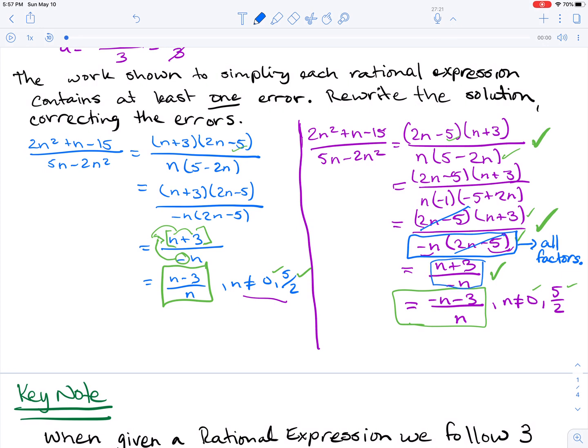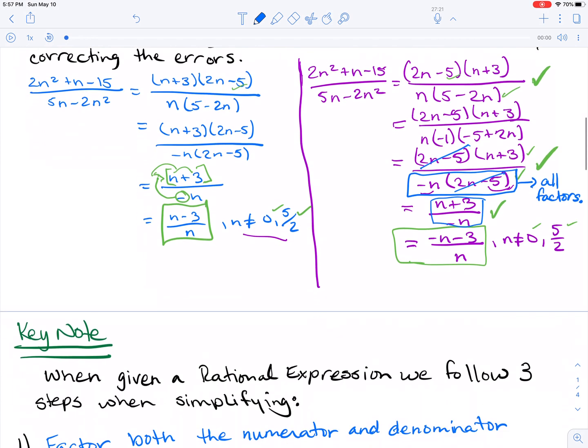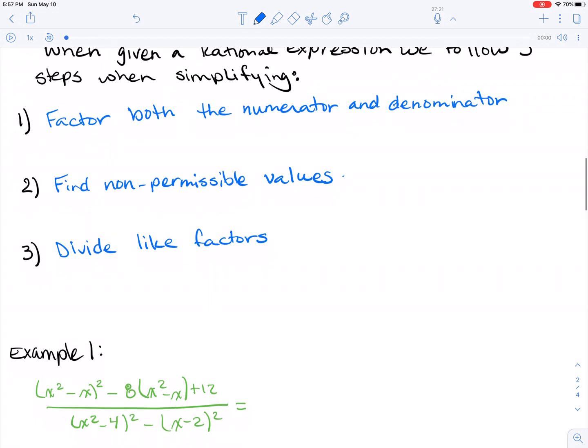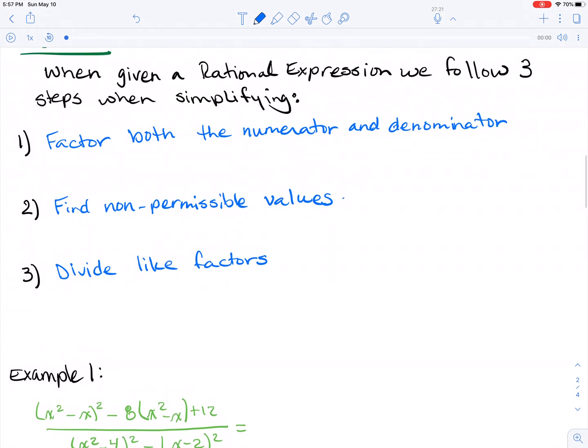When it was simplified, it wasn't showing me all of the factors in the denominator because we had canceled out, or divided out, like factors. So you have to do it before you divide factors from the numerator and denominator. And you cannot do it until after you have factored both the numerator and the denominator, because you need the factored form in order to find non-permissible values.